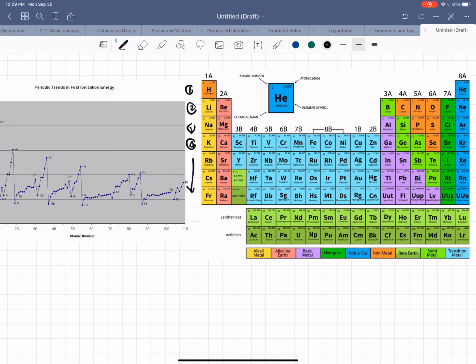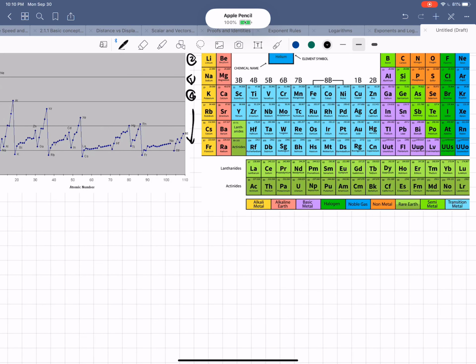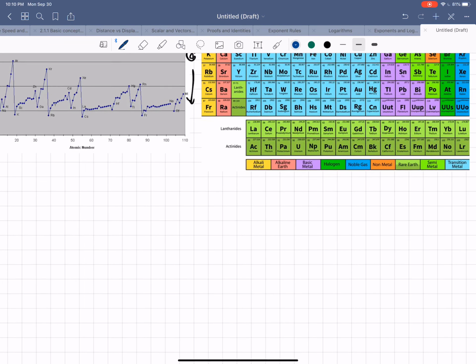As you have more shells, the atomic radius gets bigger because electrons are added to energy levels farther away from the nucleus. So if I have more shells, my distance from the nucleus to the outermost electron is systematically increasing.